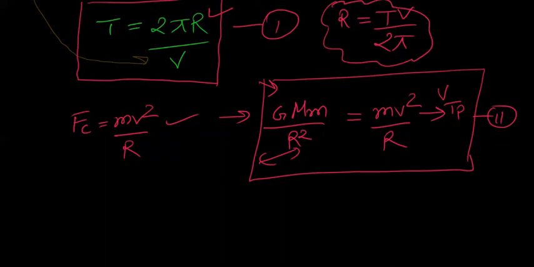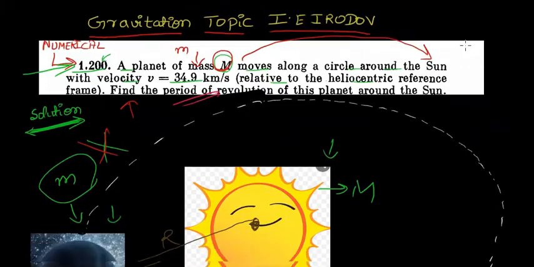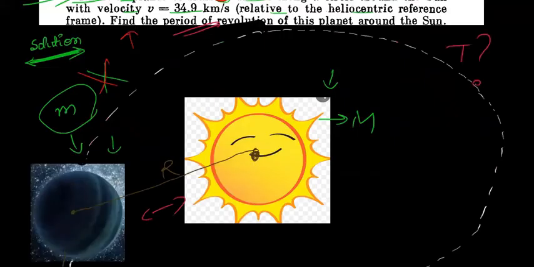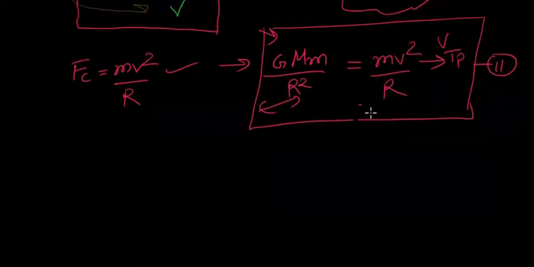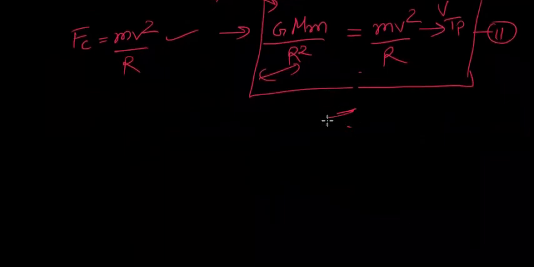In the question, the period of revolution is asked, so T is what we need to find. So what we can do is solve the second equation first.